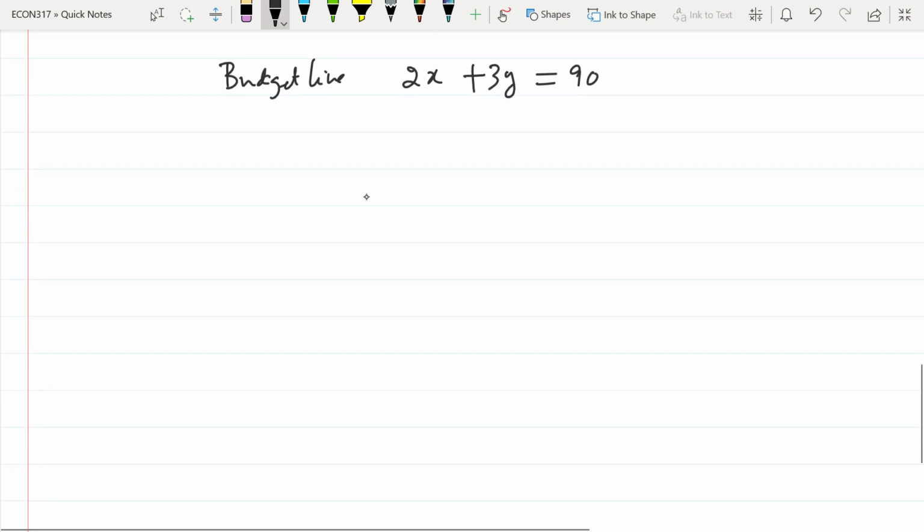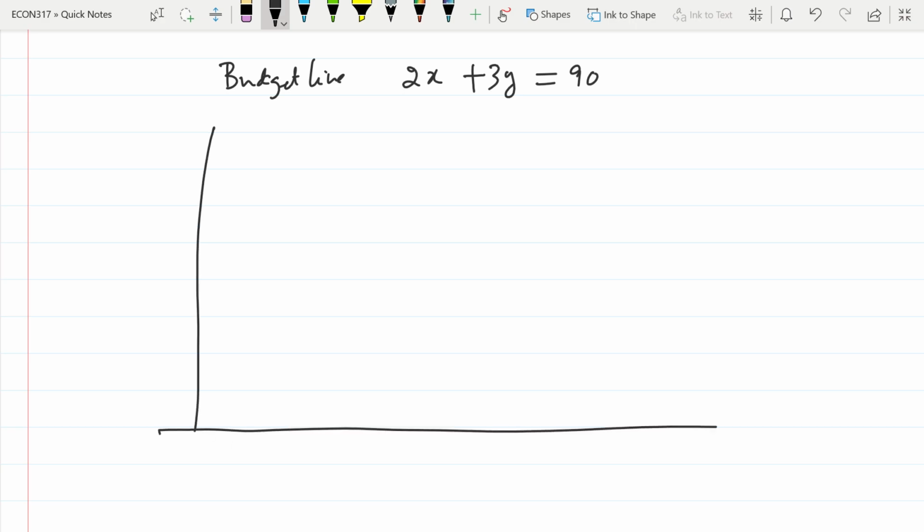Let's draw this budget line. We must have noticed if I spend all my money buying apple, now with $90 at hand, one could afford 45 pounds of apple, and if all money is spent buying orange, with $90 at hand, we will be able to buy 30 pounds of orange. So I have Y on the vertical, X on the horizontal.